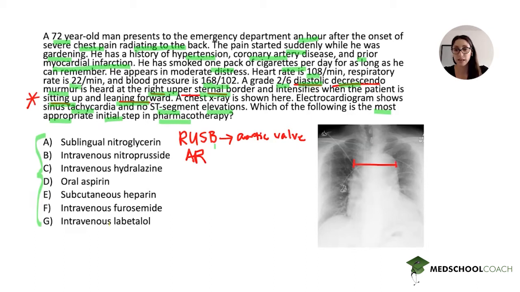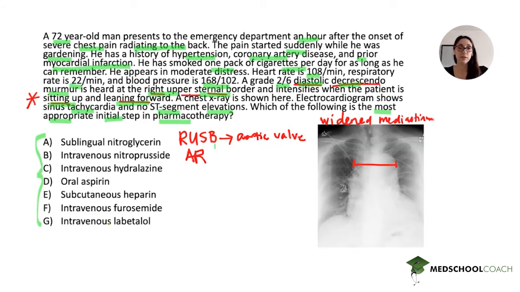And so this mediastinum here is much wider than it should be. And so this is the classic x-ray for mediastinal widening. So if you do see this x-ray, you should be able to recognize it in the future.